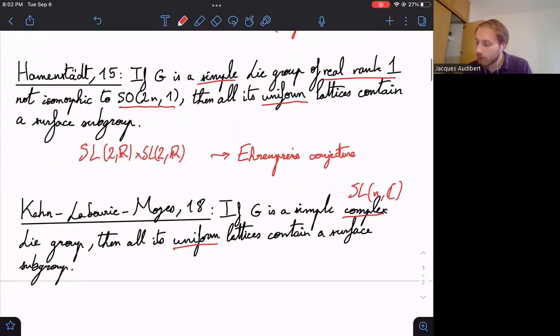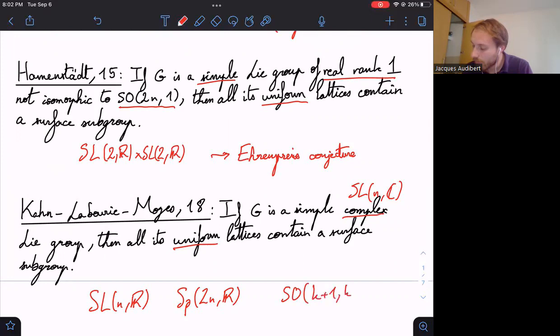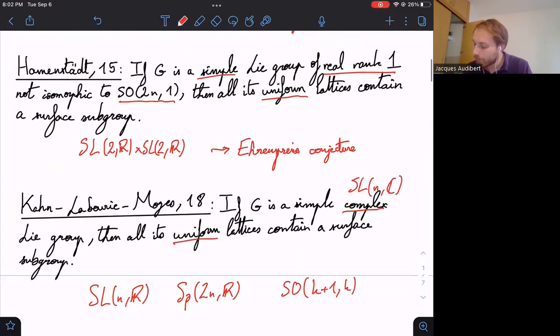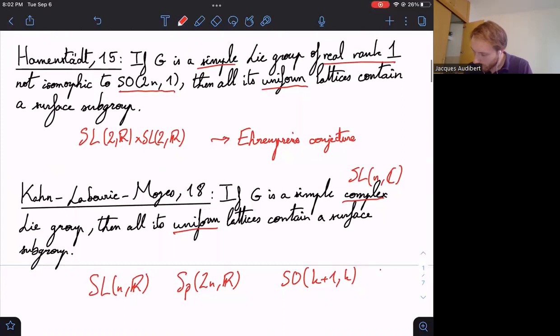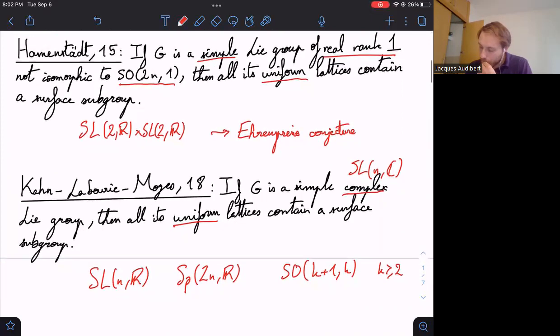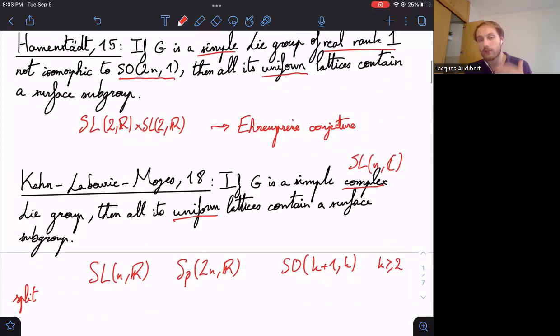So all of these do not contain groups like SL_n(R), Sp_2n(R), or SO(k+1,k), which are a family of groups which we call split, and those are the Lie groups for which you can define what being a Hitchin representation means.